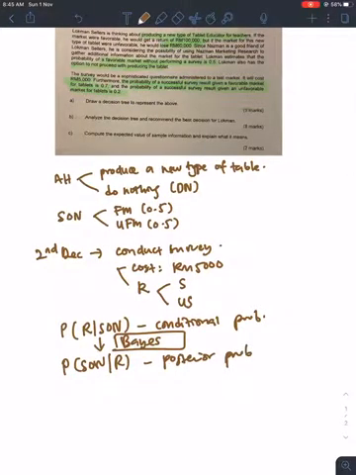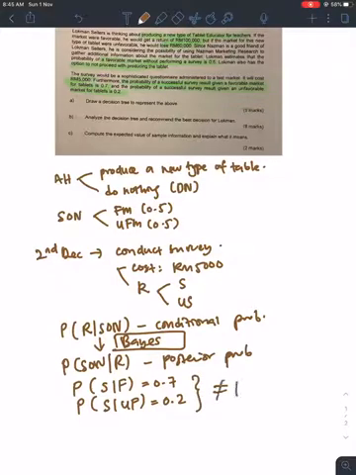Untuk conditional probability tadi dia mention P success given favorable 0.7, and then P success given unfavorable is 0.2. Kalau you tengok kat sini, complement dia not equal to 1.